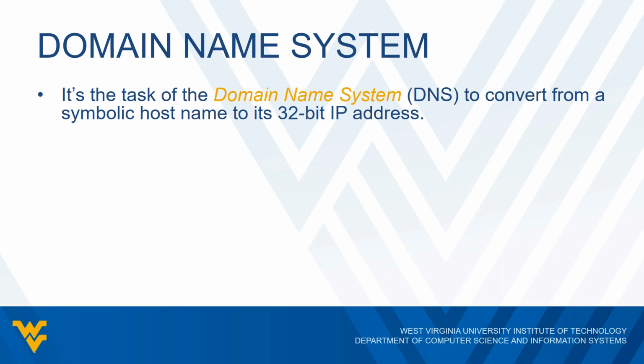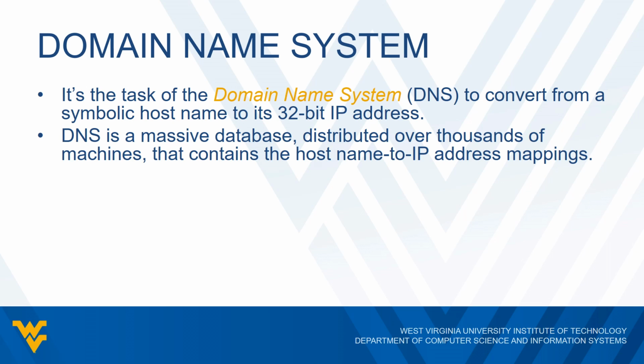Think of DNS as a huge, massive database, distributed over literally thousands of machines, that together contain all of the host name to IP address mappings for the host computers on the internet.